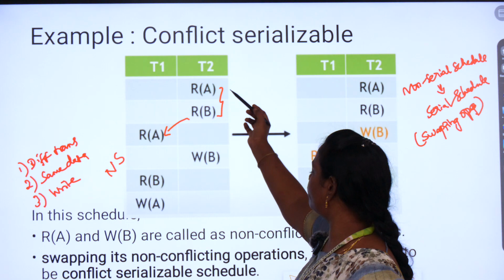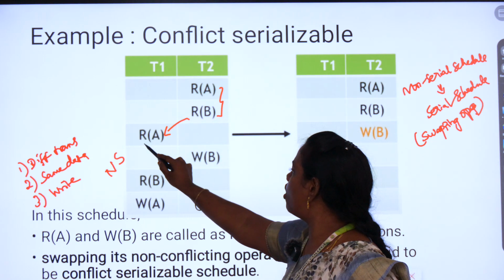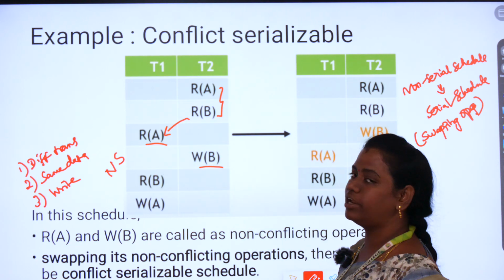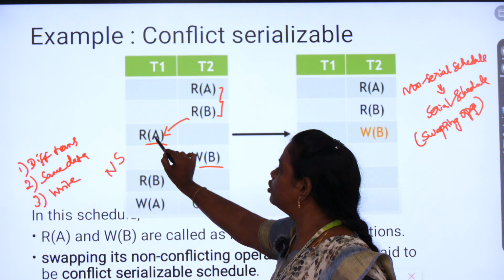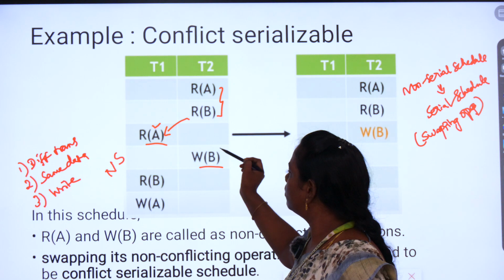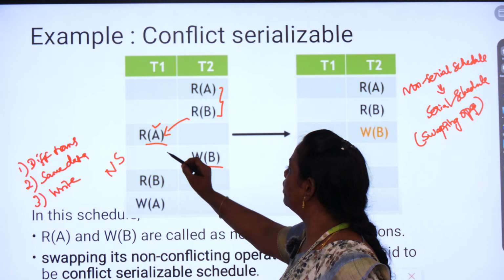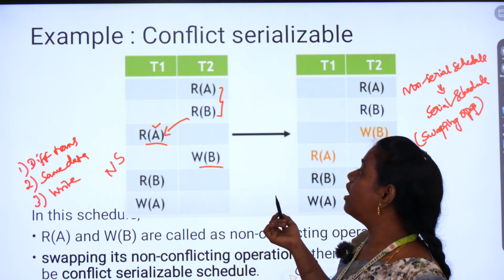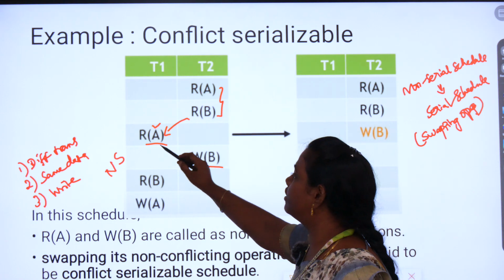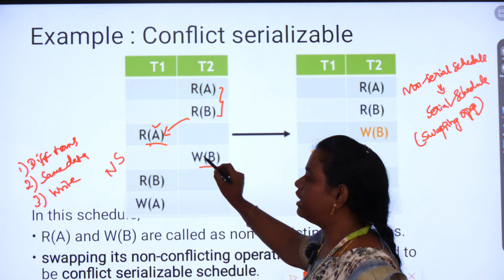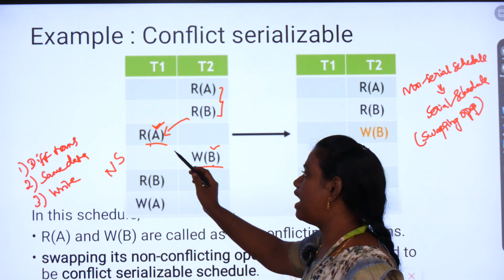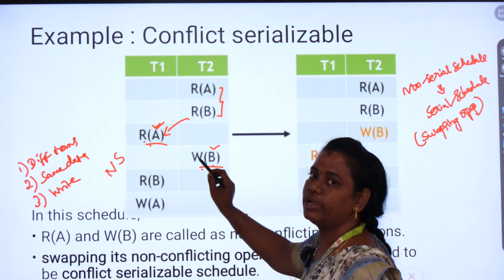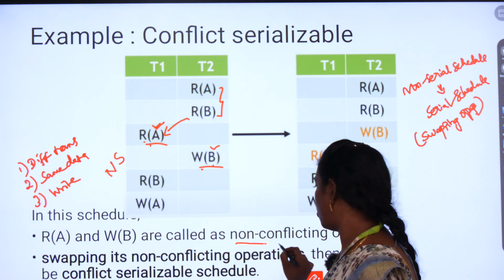Here R of A and W of B are non-conflicting operations. First we need to identify the non-conflicting operation. R of A and W of B perform operations on 2 different data items, that is A and B, one read and one write. So this is a non-conflicting operation.